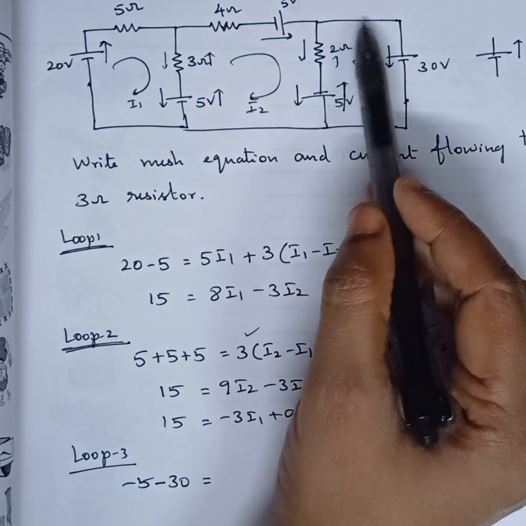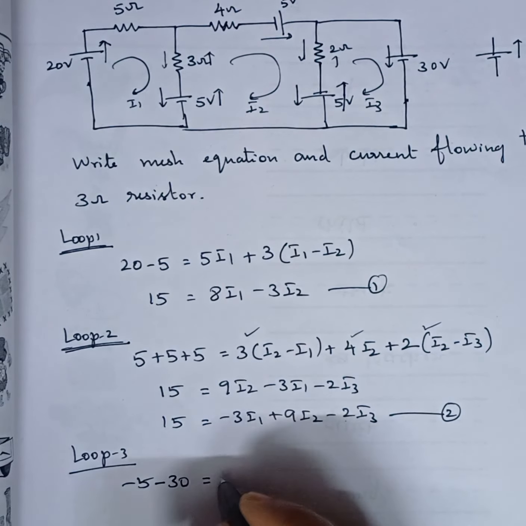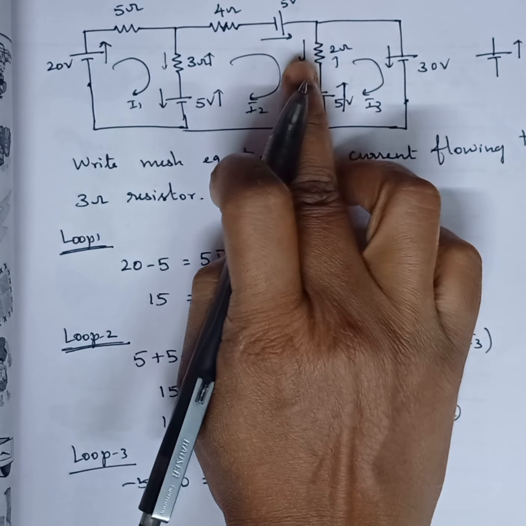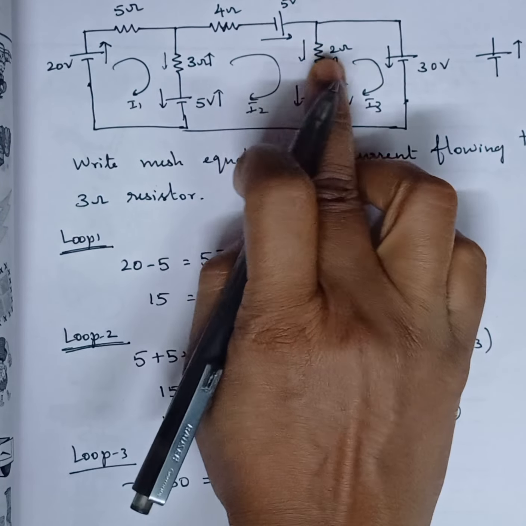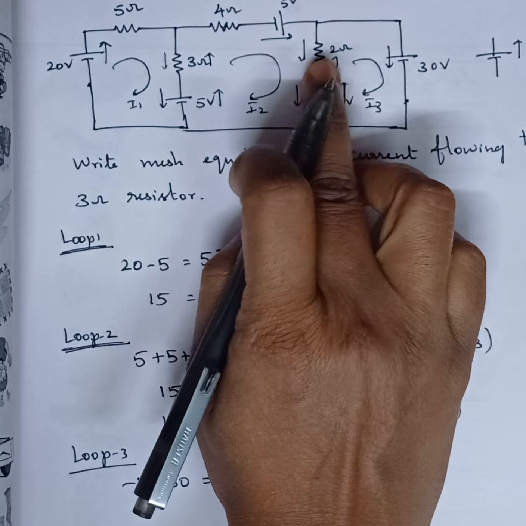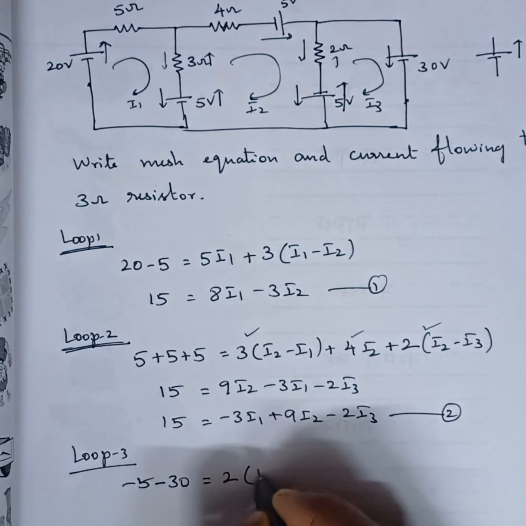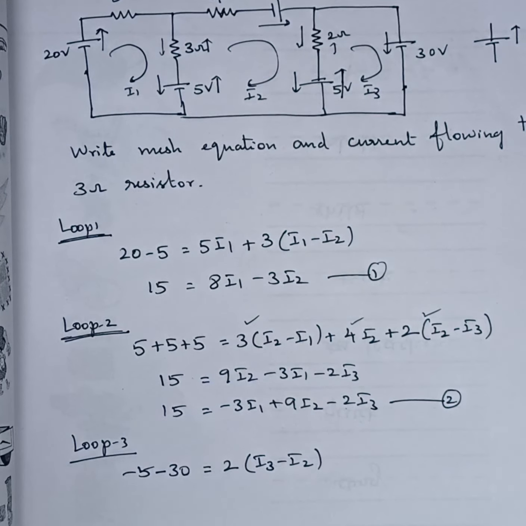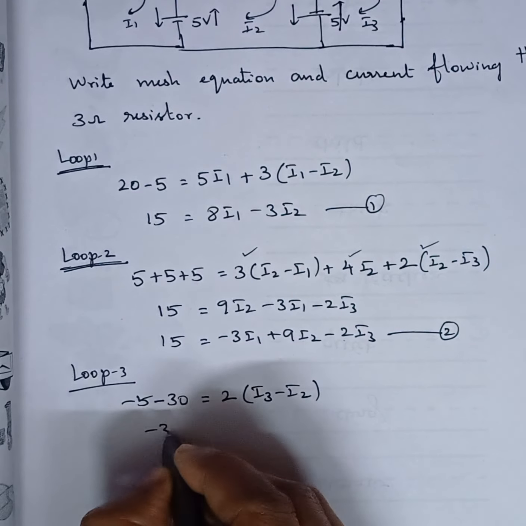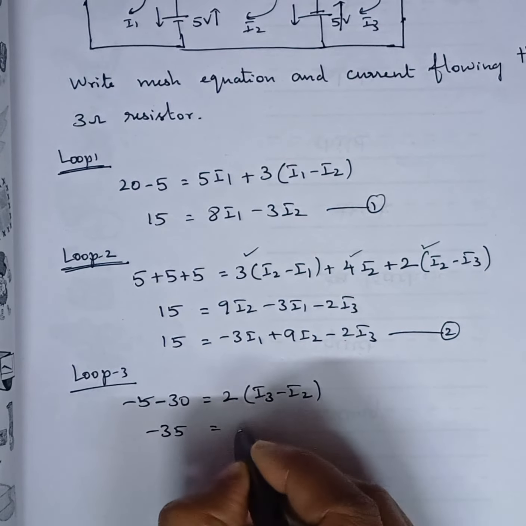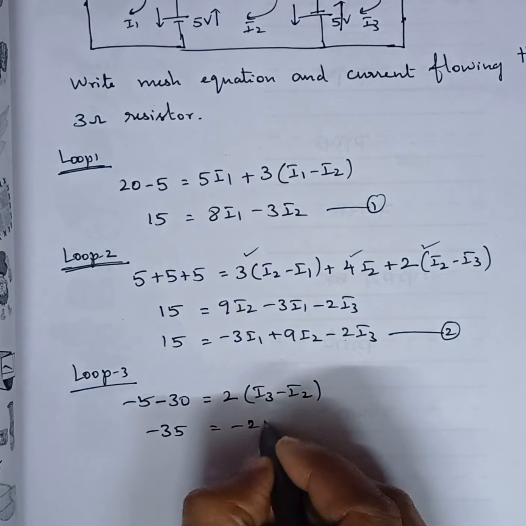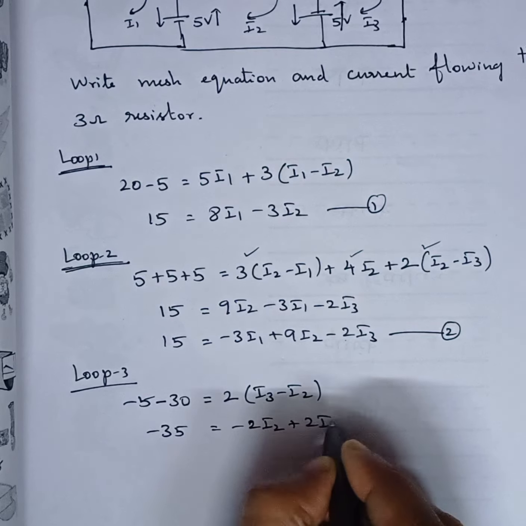So now only one resistance in the loop, so we'll get this as 2 into, well, it is common to loop 2 and 3, and the difference of the current we have to consider, correct? So considering the third loop it will be I3 minus I2, correct? So when rearranging this, minus 35 is equal to, I rewrite directly, minus 2I2 plus 2I3.